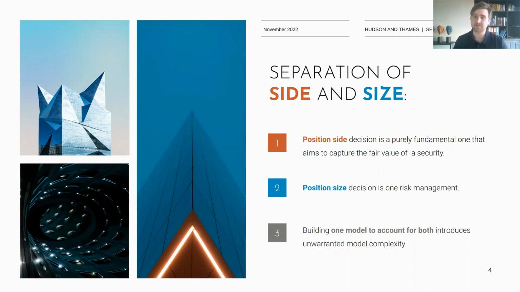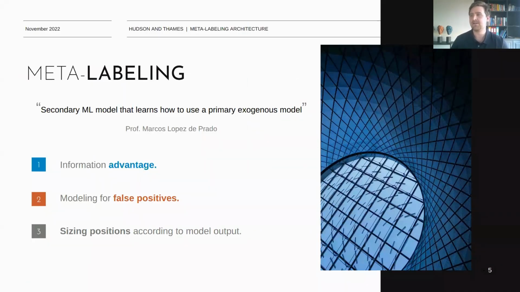Now, if you separate the side and size, a model you can build to account for this is through meta labeling, right? Again, Prado defined meta labeling as a secondary machine learning model that learns how to use a primary exogenous model. Later, when we get to the architecture, I'll explain it in more detail, but the basic idea is that you have a primary model that decides the side to trade.